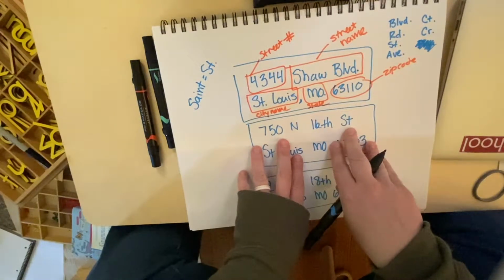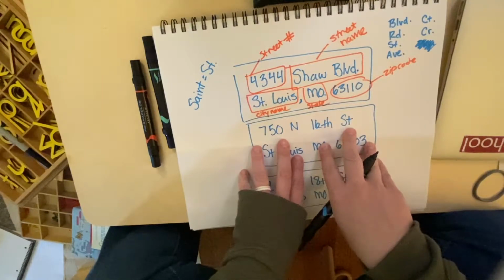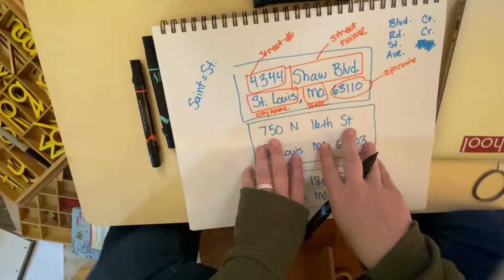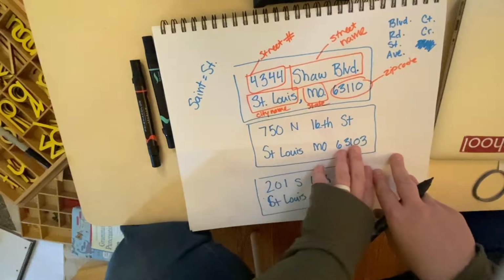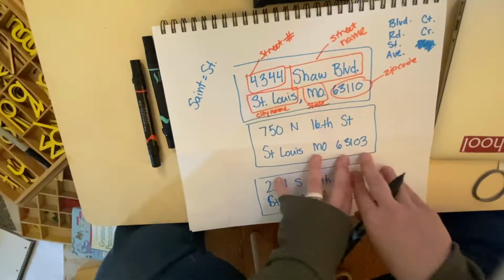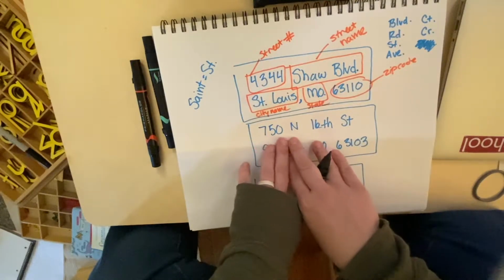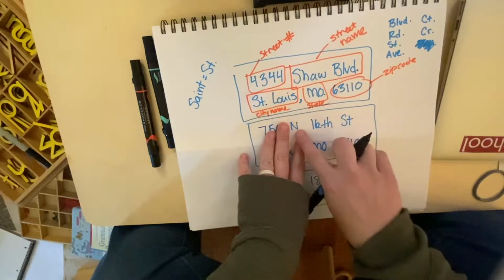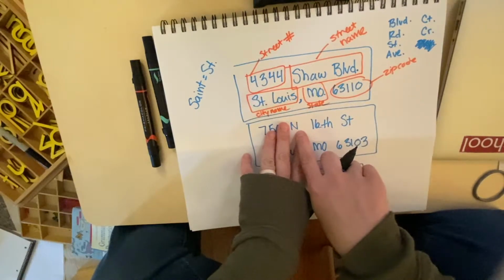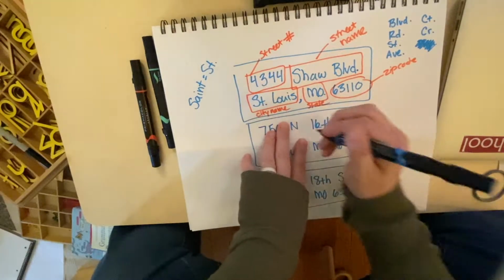So let's look here. This is the address to the City Museum. 750 North 16th Street, St. Louis, Missouri, 63103. So let's look here. The number, we don't need to do anything there. North 16th Street. Now this doesn't say all of North, does it? It just says N. So this is an abbreviation.